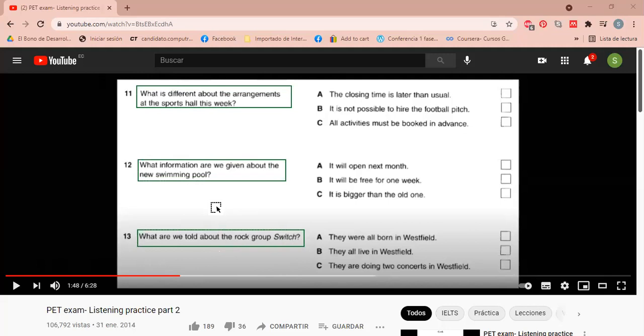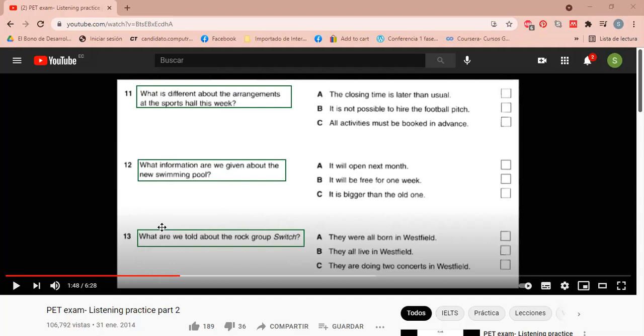What's different about the arrangements at the sports hall this week? ¿Sí? What is different about the arrangements at the sports hall this week? Es decir, ¿qué hay de diferente o cuáles han sido los arreglos en el centro de deportes esta semana? What information are we given about the new swimming pool? ¿Qué información tenemos sobre la nueva piscina?